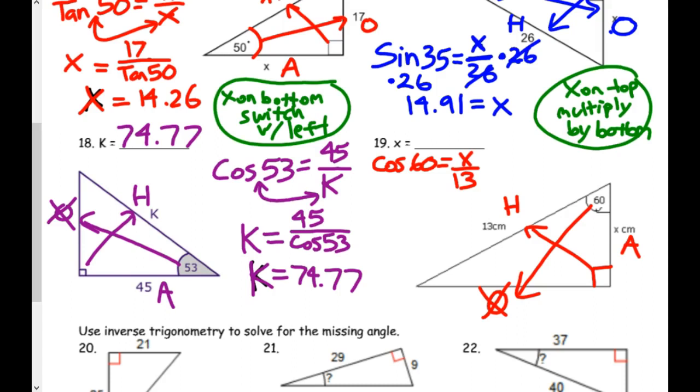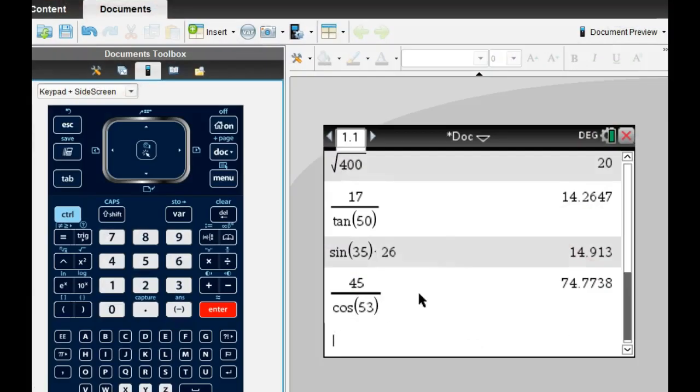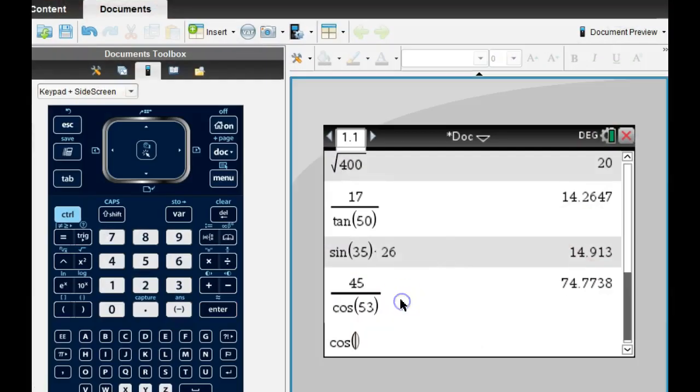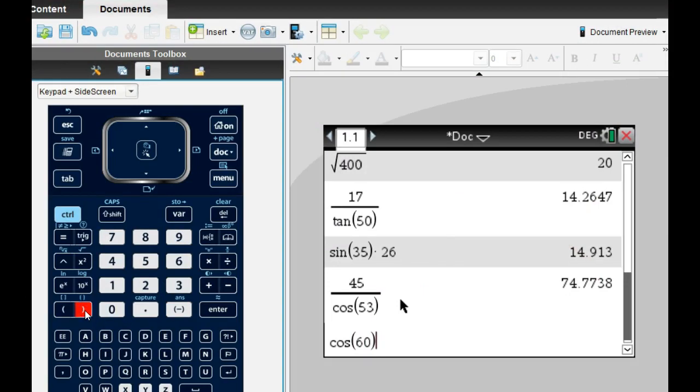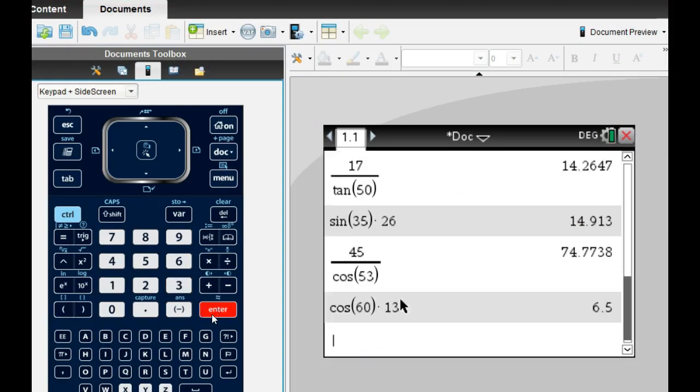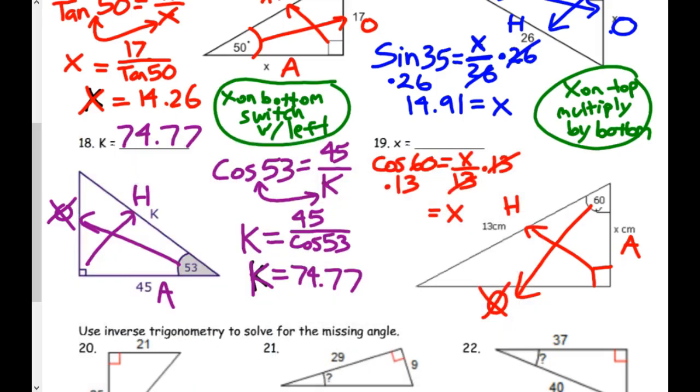So the bottom is 13. So that means instead of dividing by 13, we're going to put times 13 on both sides. It cancels out on the right. And now, I just need to type in my calculator cosine 60 times 13. So cosine 60, end the parentheses, times 13. And I get 6.5. Not bad.